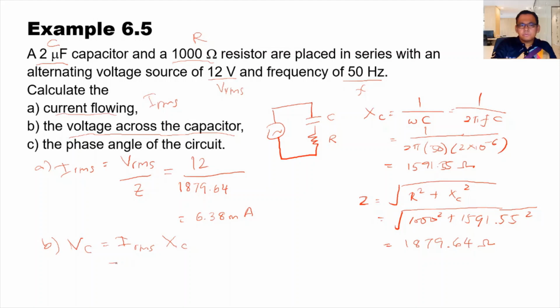Okay, so we already have all the values here. For example, this one is 6.38 times 10 to the power of negative 3, and XC we just got 1591.55. Okay, and we get 10.15 volt.